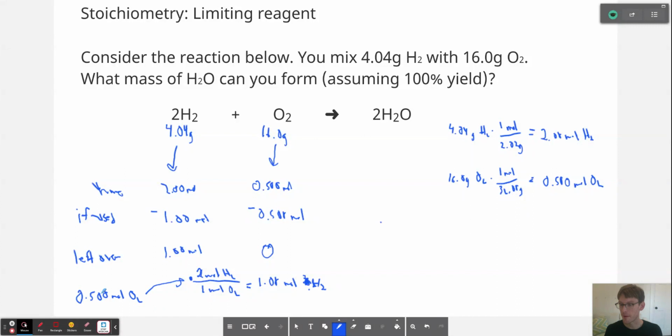So finally, answering the question here, what mass of H2O can we form? Well, we have half a mole of oxygen, and what we can do is simply do the typical stoichiometric calculation. We're starting at our 0.5 moles of O2, and we need to go to moles of H2O, and then we'll go to grams of H2O.